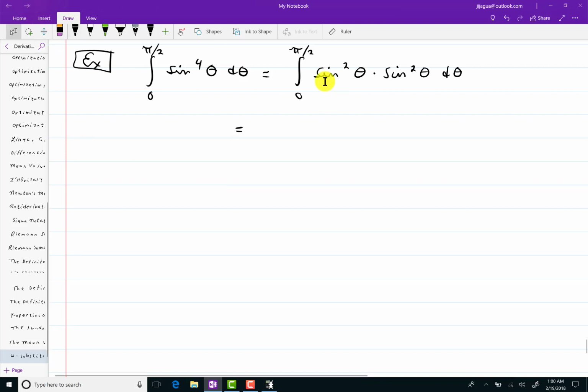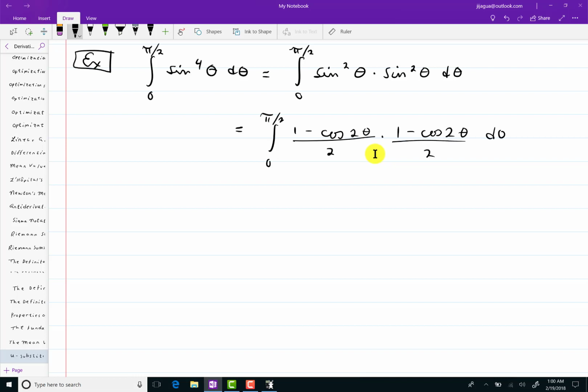If I were you, I would not change something to cosine. It's going to introduce a bag of worms you don't want to deal with. It'll just complicate. It's going to be bad enough as it is. So I'm going to use the trig identity that I just told you about, but the sine version of it: 1 minus cosine 2 theta over 2 times 1 minus cosine 2 theta divided by 2 d theta.